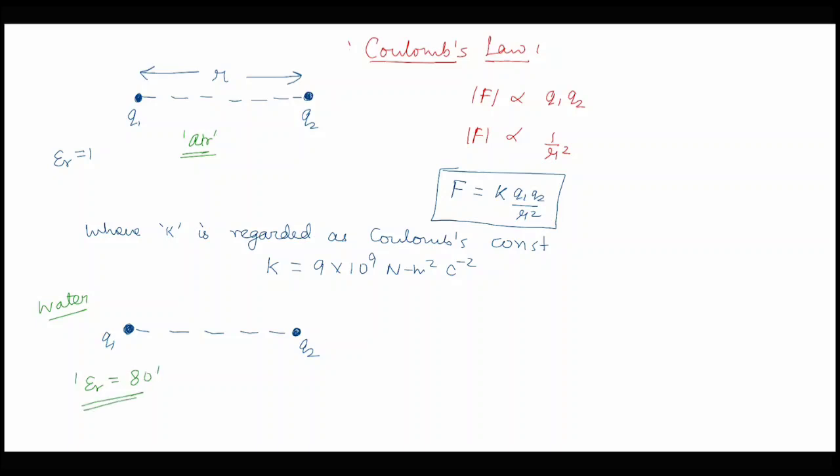Now if we wish to write the equation of force acting between these two charges, it will be written as 1 upon 4 pi epsilon naught epsilon r, Q1 Q2 by r square, or I can say that the force in water will become the force in air divided by the dielectric constant or relative permittivity of the medium, that is divided by 80.